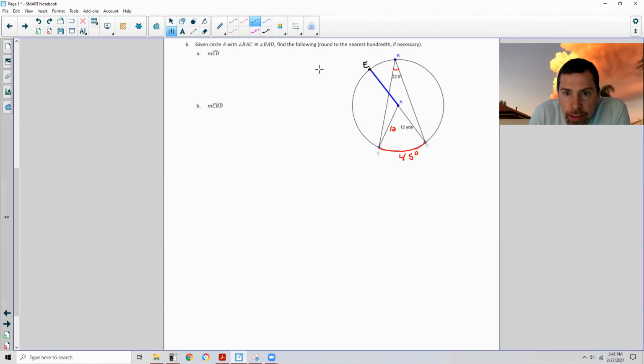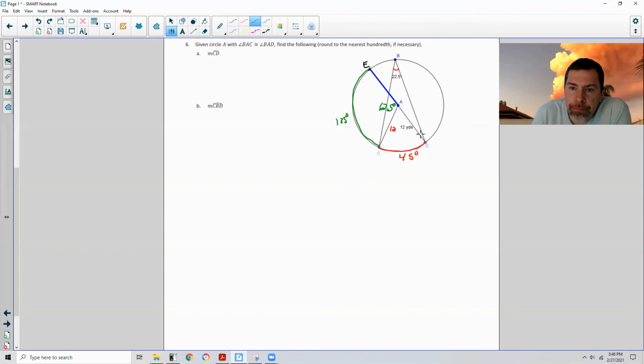So CE is 135 degrees. This arc right here would be 135 degrees, which would make this angle right here half, which is 67.5 degrees. I can't write that small. All right, so I'll just make it bigger, 67.5 degrees. Is that right? Yeah, 67.5 degrees.